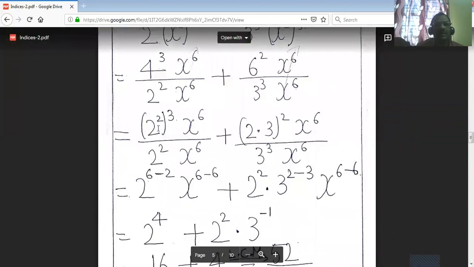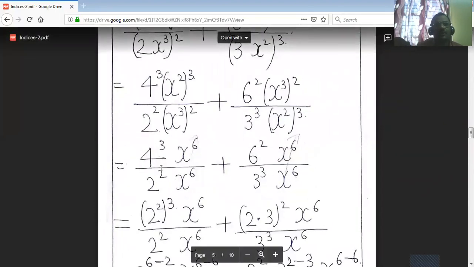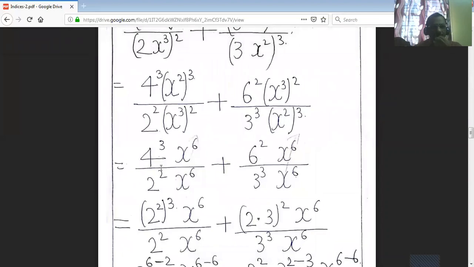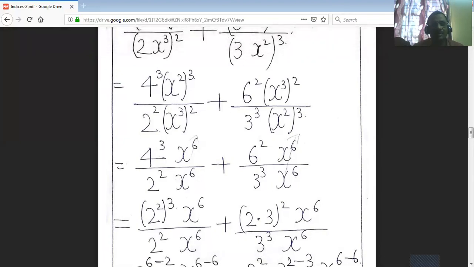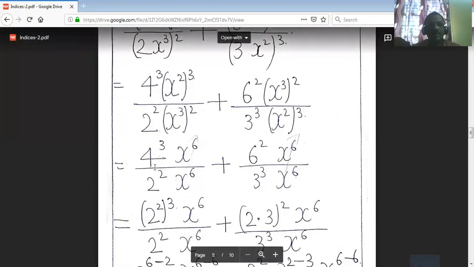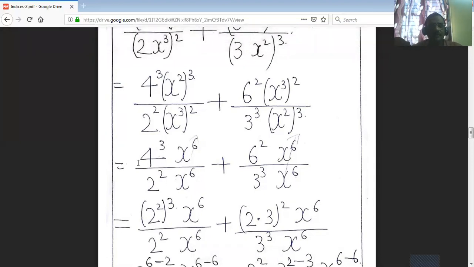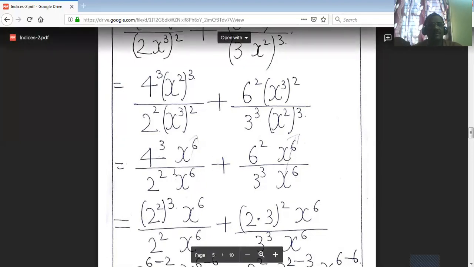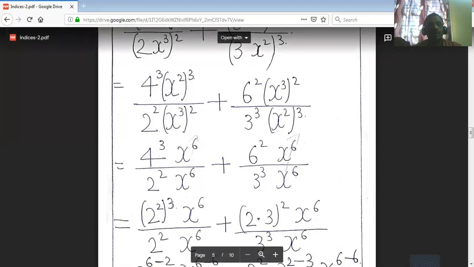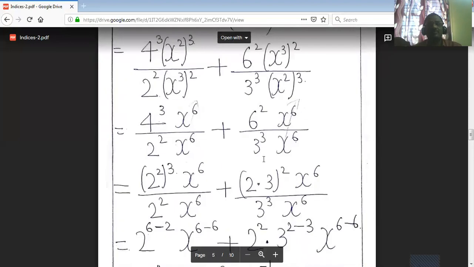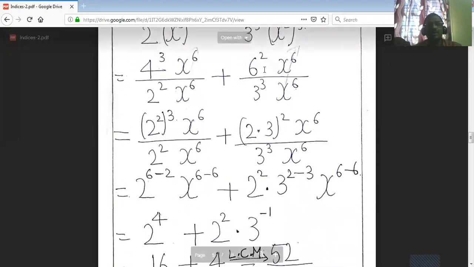Next, if I go for 4^3, you can simplify directly by taking 4^3 as 64, or, as we have 2 in the denominator and 3 again, you can convert all the bases into 2 so that we have equal bases for easy simplification. Now 4 can be written as 2^2, so (2^2)^3. Again 6 can be written as 2 into 3, to the power of 2.